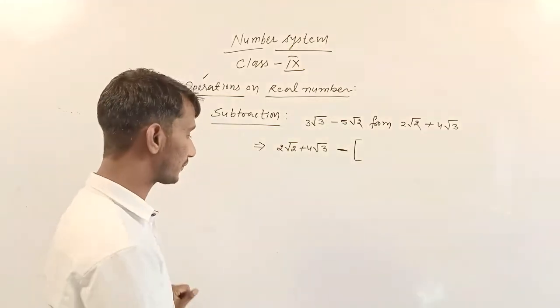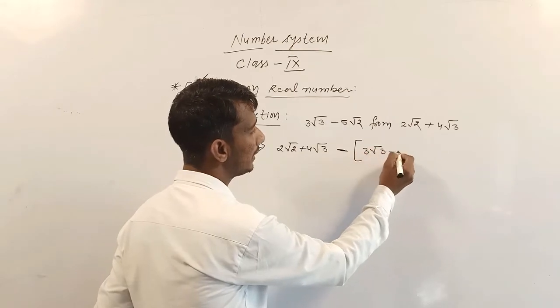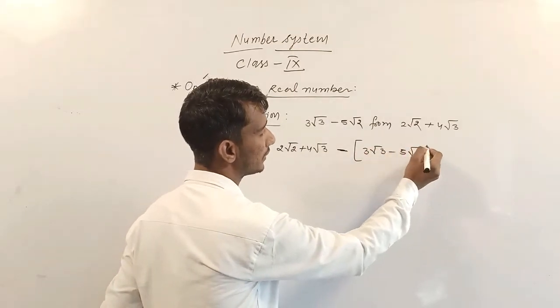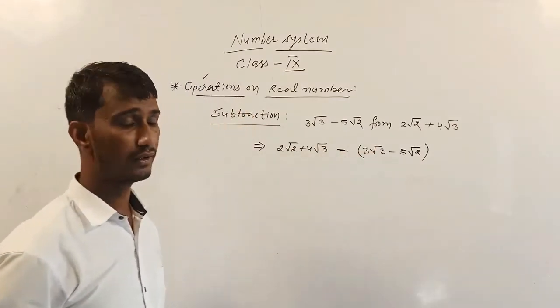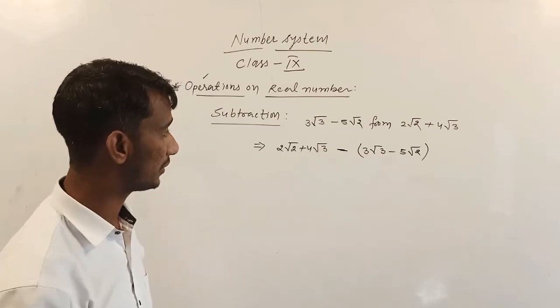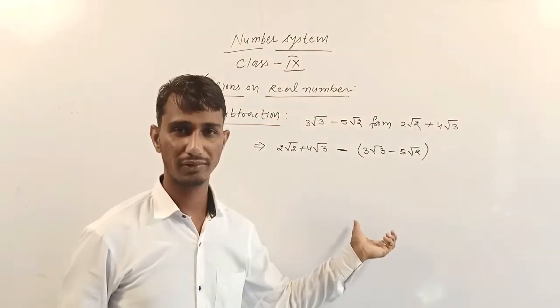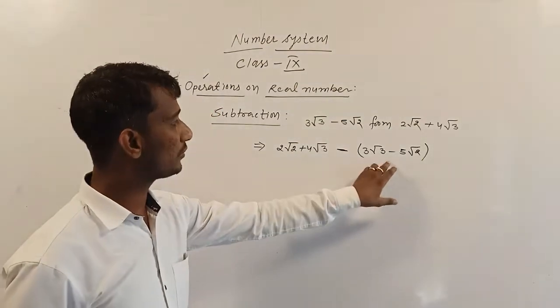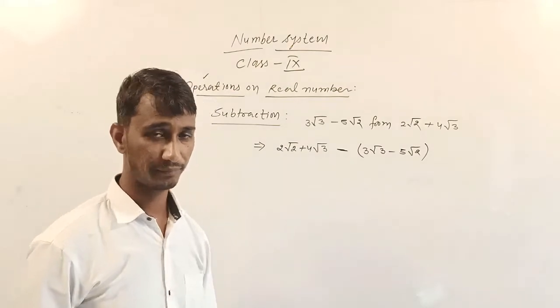I will tell you how. 3 root 3 minus 5 root 2. You can use a round bracket, a curly bracket, or a square bracket. No problem, but mostly we use the round bracket. So in the round bracket you write the next term.